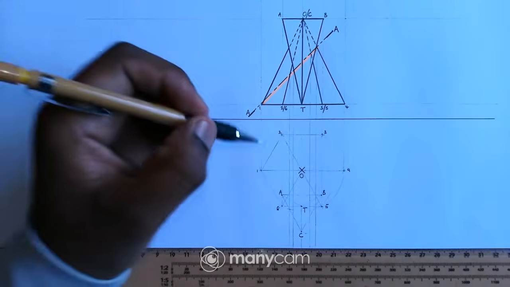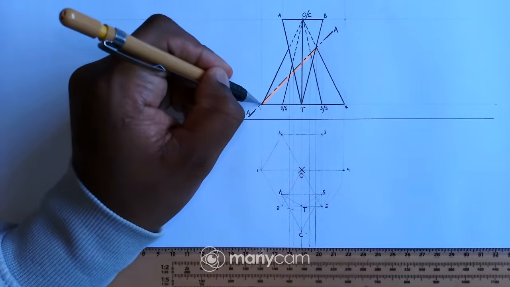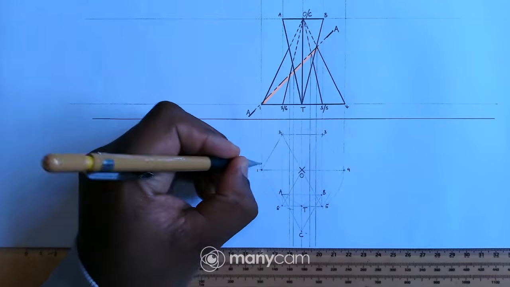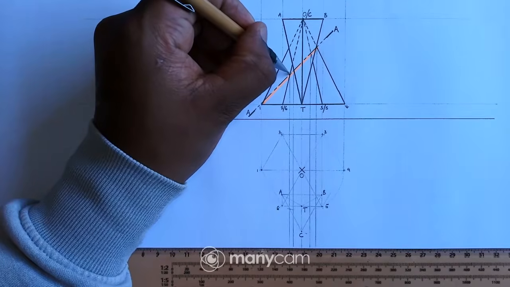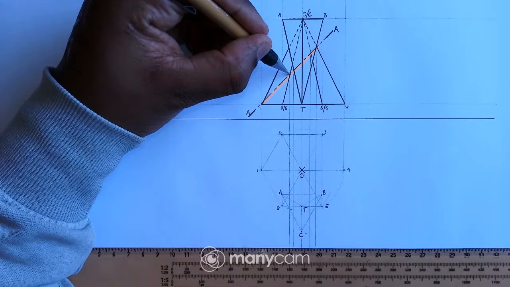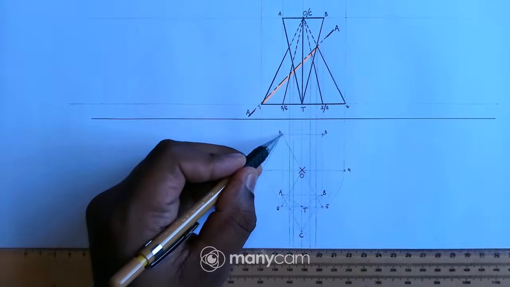So obviously the cutting plane is cutting the pyramid from here, so that means our first point of the cut surface is this one, and then the next point is here, right? So obviously this is line O2 and O6, right? So O2 is there, O6 is there.